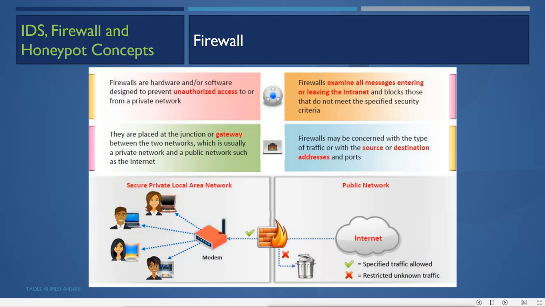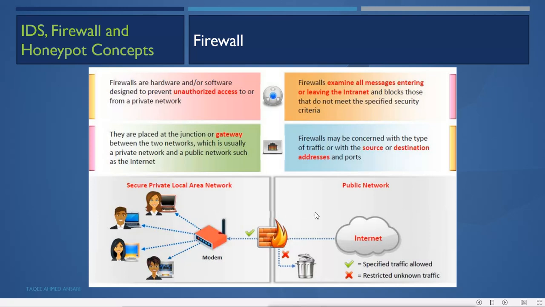They are placed at the junction or gateway between two networks, which is usually a private network and a public network such as the internet. So mostly a firewall sits on the gateway from where we go from our private network to the public network, the internet, where all the network traffic passes, and it examines all the messages entering or leaving.